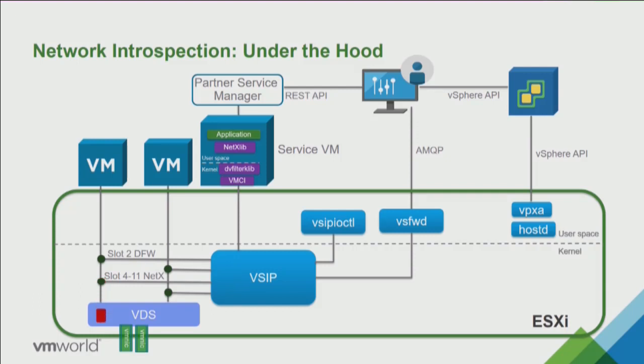All this is happening within the ESXi host, right? Before even traffic leaves on the wire. So based on the policy, the traffic enters this partner appliance, the policy is applied, and then traffic leaves the wire. So this is the architecture of network introspection or service insertion at the network level. Rod will talk about the guest introspection. Any questions on this?